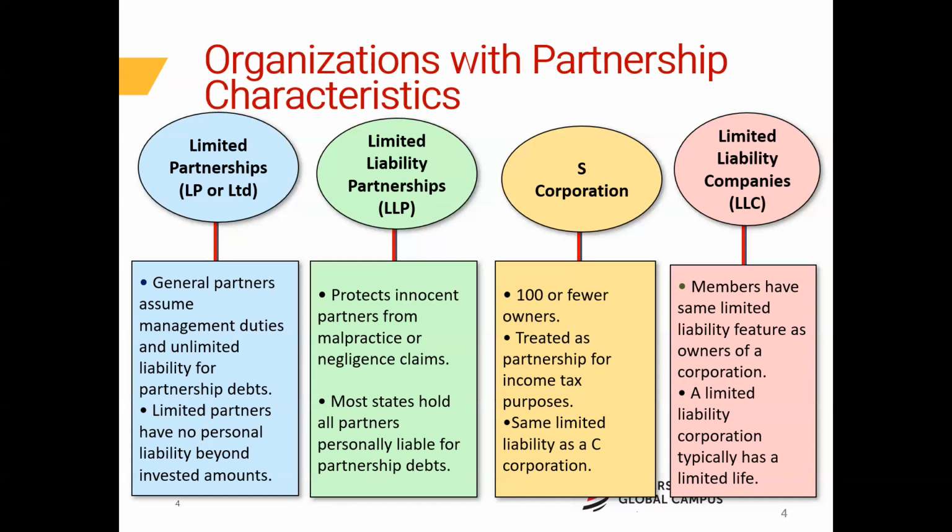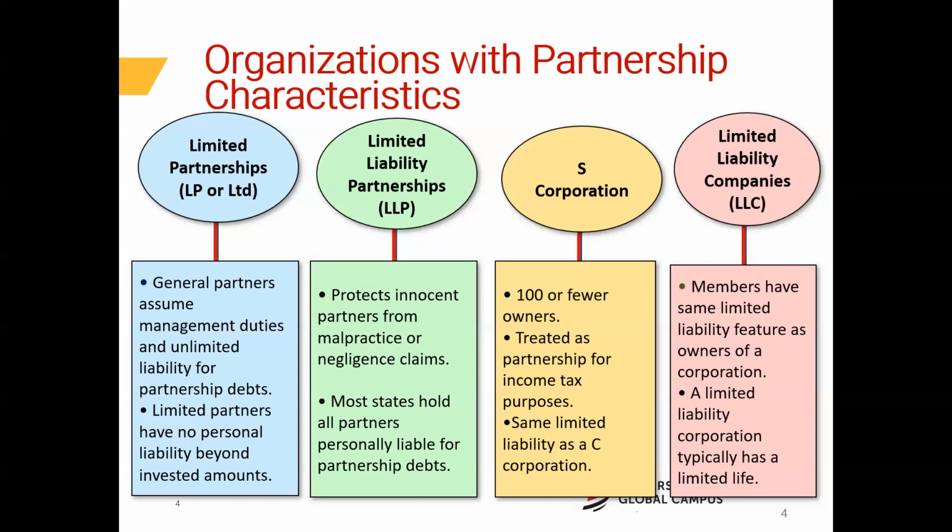What we mean by that is you as a partner do not have any type of liability beyond your initial investment. So if you start a business with a friend of yours and you say, I'm going to throw in $100 into this business, but that's all I'm going to throw in, you're only liable up to that $100. That's just a very, very simple example, but that's a limited partnership.